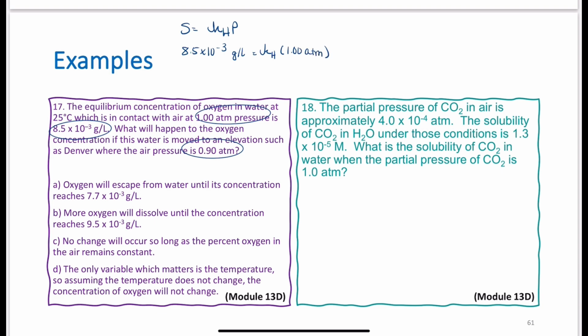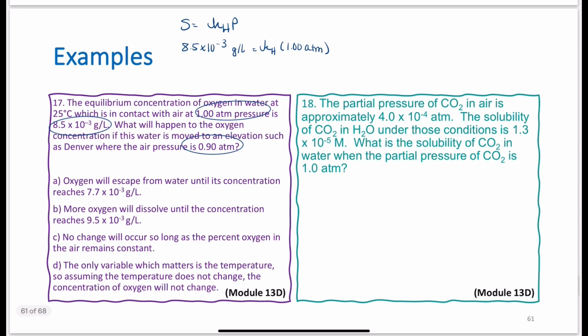Why do I care about this? Well, because I can solve for that. That makes life real convenient here. My Henry's law constant will be 8.5 times 10 to the negative third grams per liter atmosphere. Now I'm going to use that equation again, plugging in my new pressure and solving for my solubility.